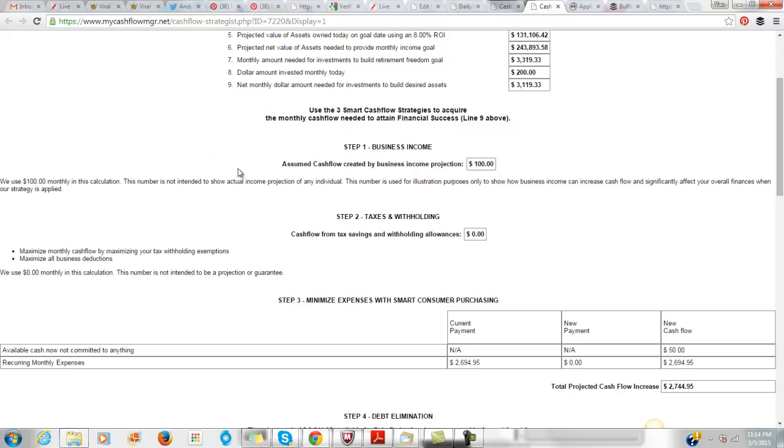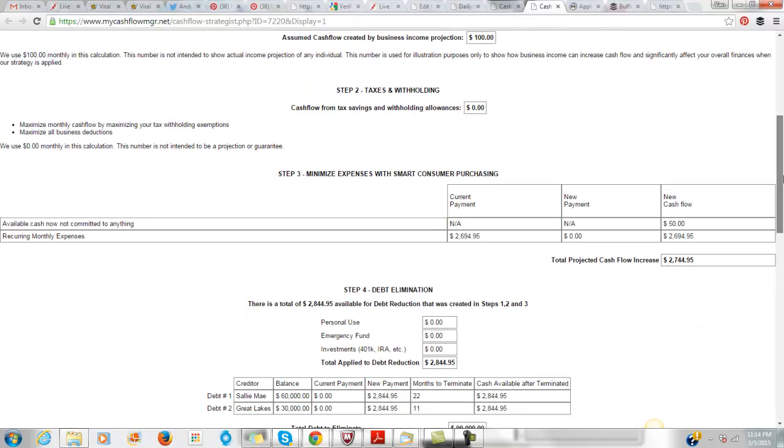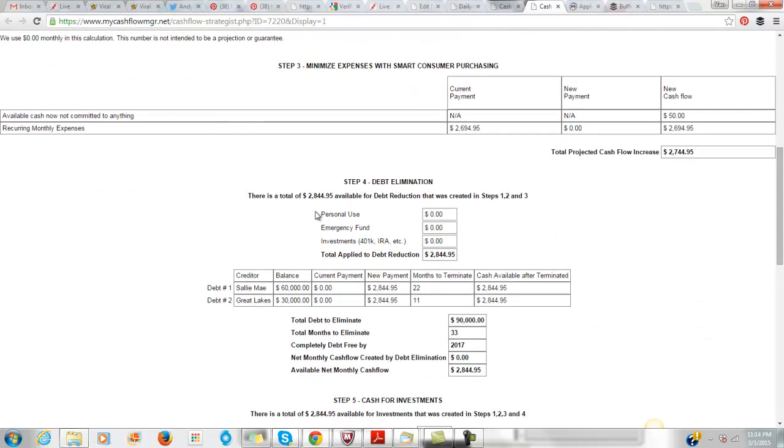And there are a lot of different components that are a part of this cash flow strategist, like the debt elimination, and it gives you a strategy on how to set up your debt and how to pay off your debt in a shorter amount of time.